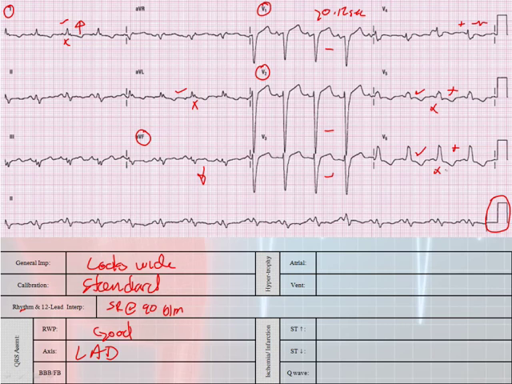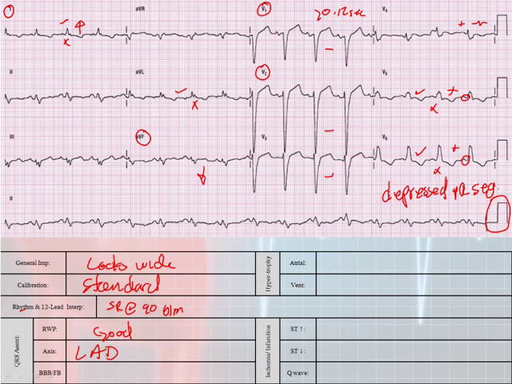People in the past have said it looks like there's a little negative deflection prior to the QRS complex in the lateral leads. And what they're talking about is that little thing right there. Now this is not a Q wave, this is actually a depressed PR segment.